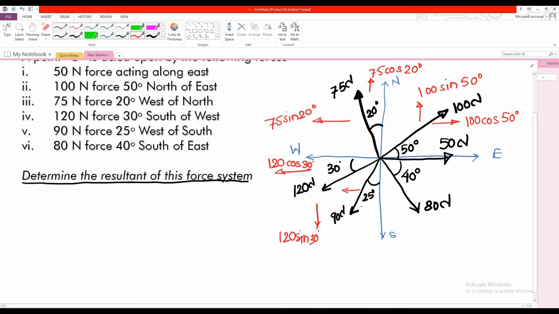Here the components will be 90 sine 25, and this is 90 cos of 25. Here the component should be 80 cos of 40, and this one is 80 sine of 40.